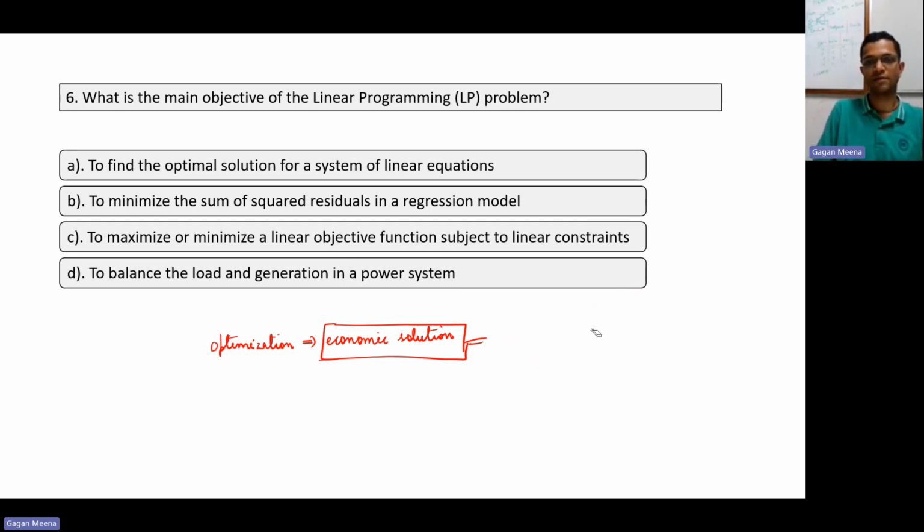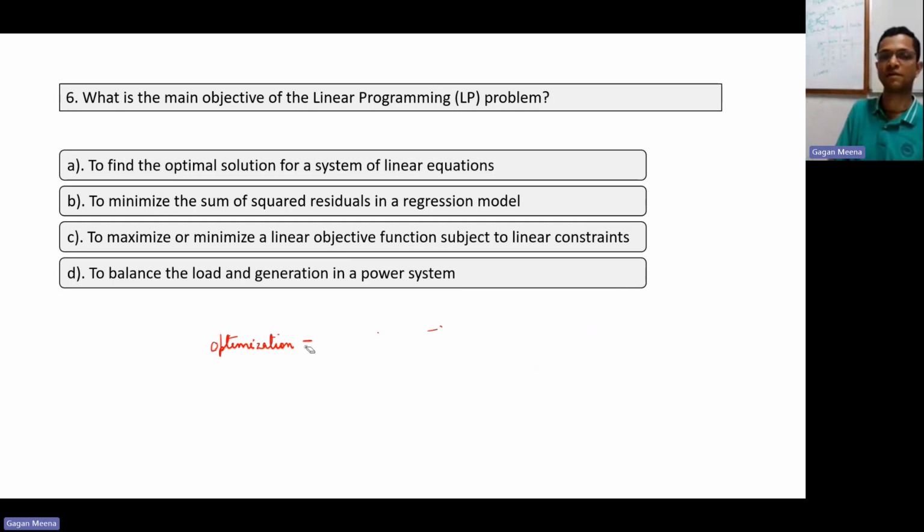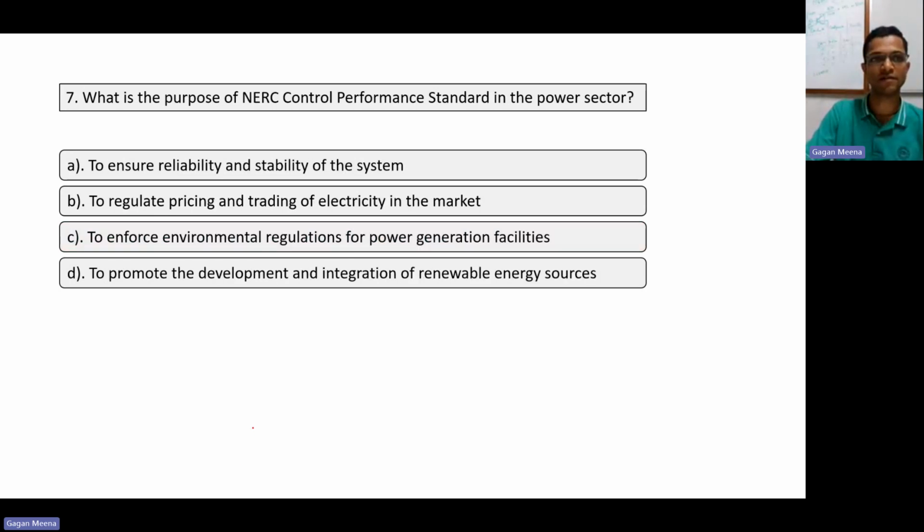Sometimes the solution of the optimal problem may not be realizable because of the approximation which goes into modeling the problem. Yeah, this is the correct answer.